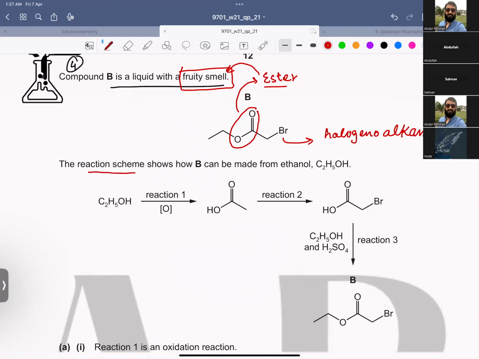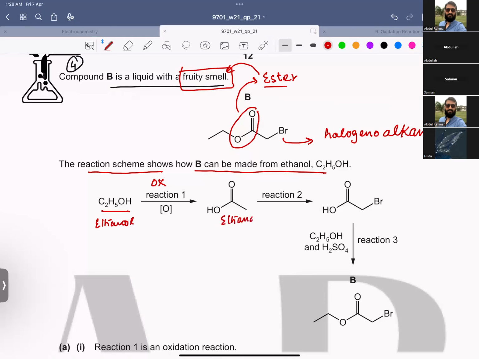Now, the reaction scheme shows how B can be made from ethanol. So what we did is the oxidation of ethanol. It's a primary alcohol and here I'm getting ethanoic acid.